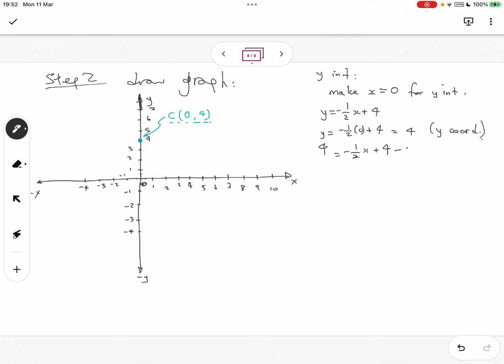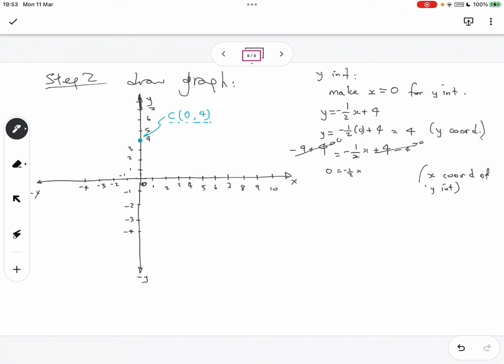If we do additive inverses, -4, -4 gives us 0, then 0 equals a half x, and x is 0. So then this gives us the x coordinate of the y-intercept, and that's just that point there. So that one is clear, right? That's how we find the coordinates for c.